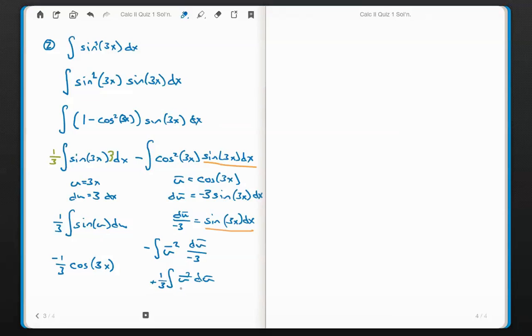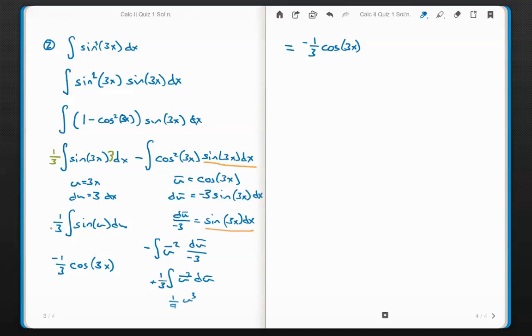And the integral of, this is u squared. Now the power goes up by 1, divided by the new power, so it becomes u cubed over 3. So it becomes 1/9 u cubed. Okay. So this whole thing then equals negative 1/3 cosine of 3x.